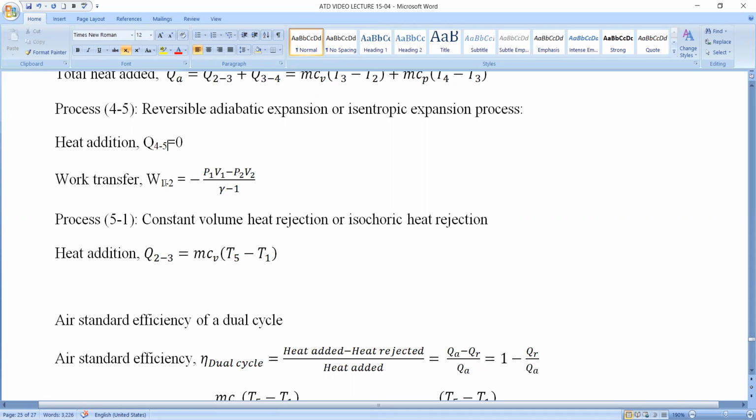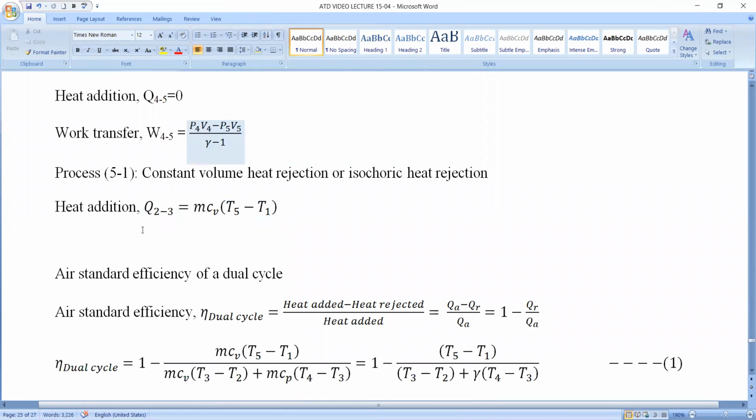Similarly, the work transfer: since this is the expansion process, you are supposed to take the positive sign here, that is P4V4 minus P5V5 divided by gamma minus 1. So this is the work transfer during the process 4 to 5.